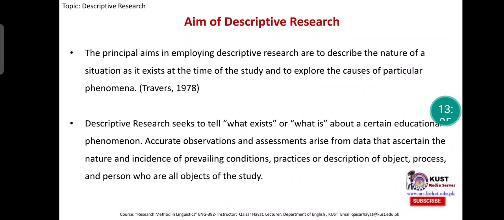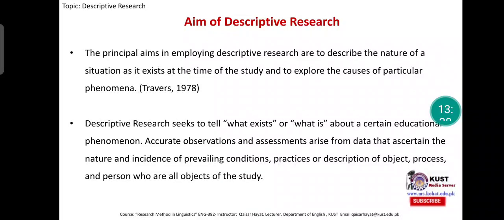Now, descriptive research seeks to tell what exists. If I am doing a research and the nature of my research is descriptive, I must see what exists or what is.